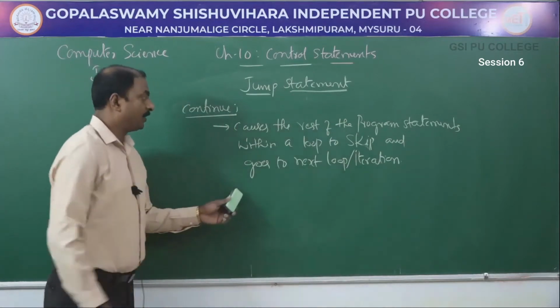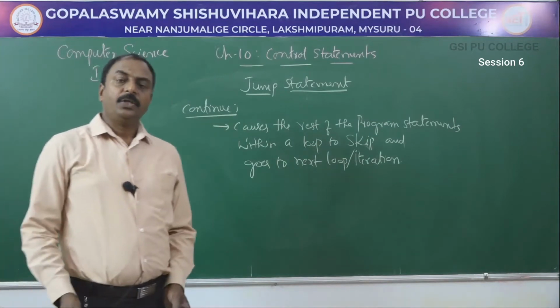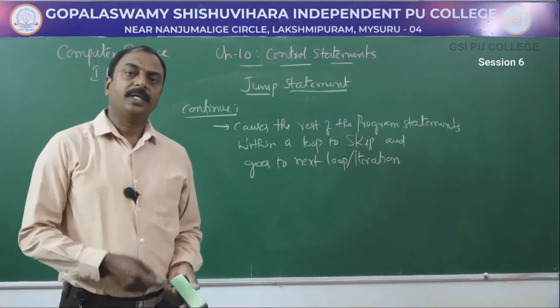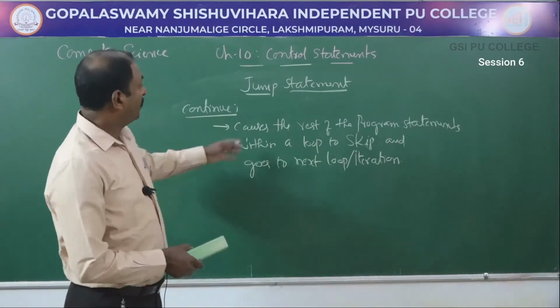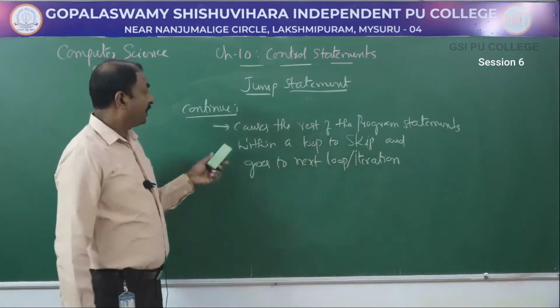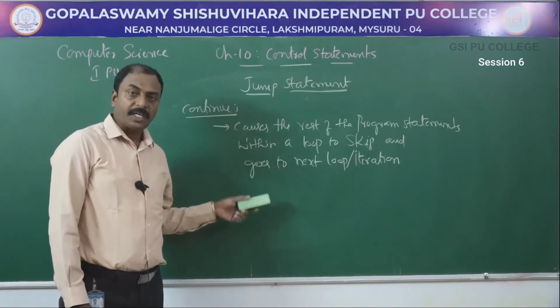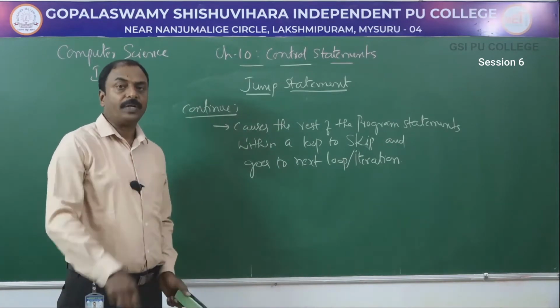See, what is the meaning of this here? The continue statement is used to skip the rest of the statements after executing the continue statement. I mean to say, whatever statements are written after the continue statement will be skipped till the end of a loop.